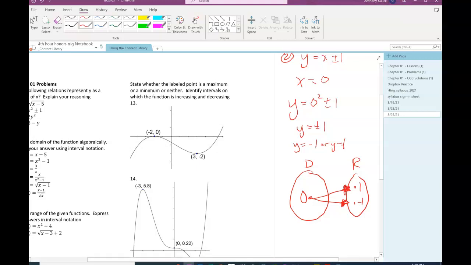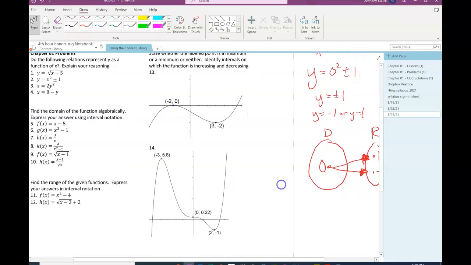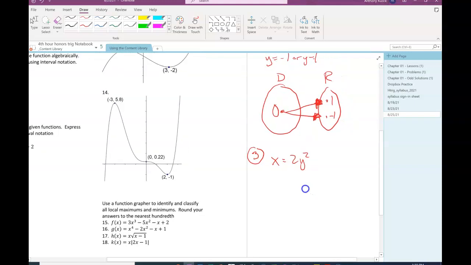Amy? 3? Sure. So here we have x is equal to 2y squared. Again, it's asking us y is a function of x. So what I'm going to do is start by rearranging this to get the y by itself, because it makes it a little bit easier to do that.